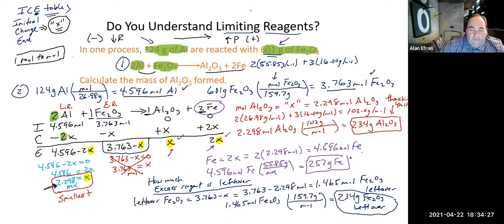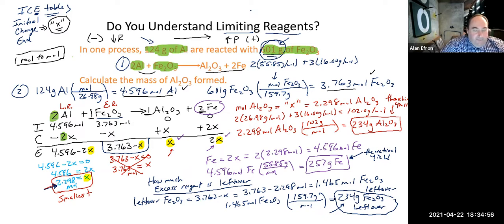This here, which is our other product, the theoretical yield of iron in this reaction would be 257 grams. And out of our excess reagent that we started with, 601 grams, we would have 234 grams of it still left over. So we used there, whatever, 370-ish grams, 60 some odd grams of it to do this reaction.